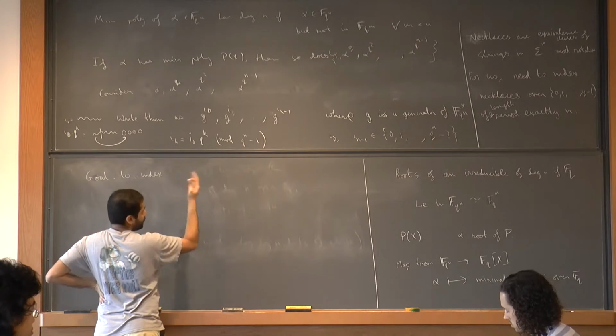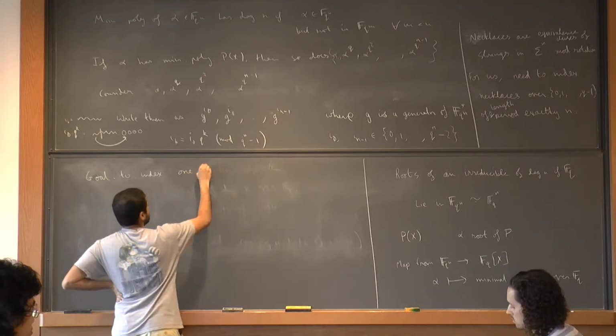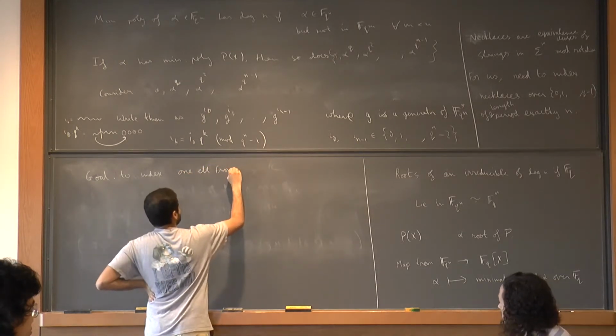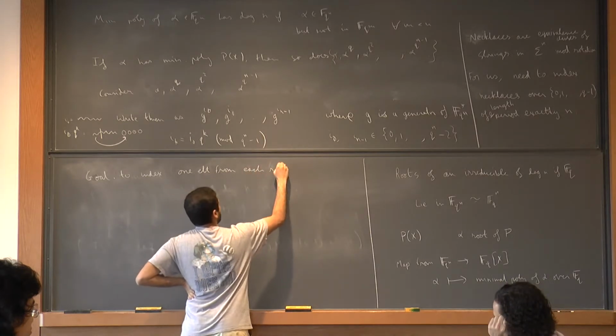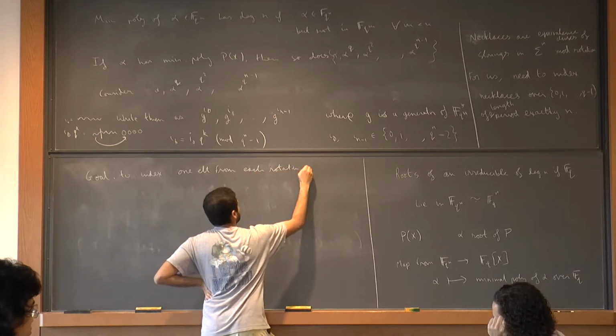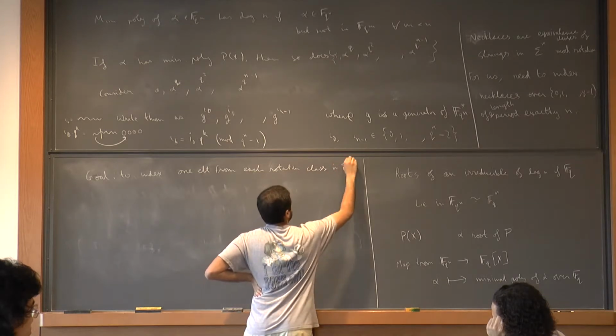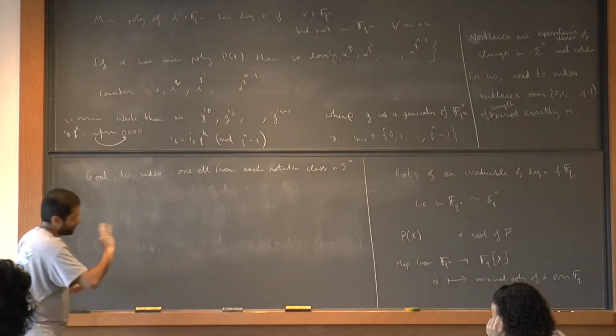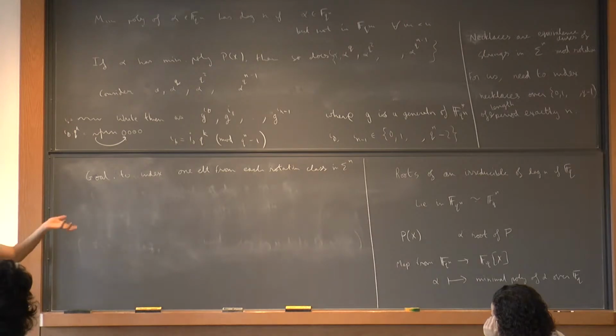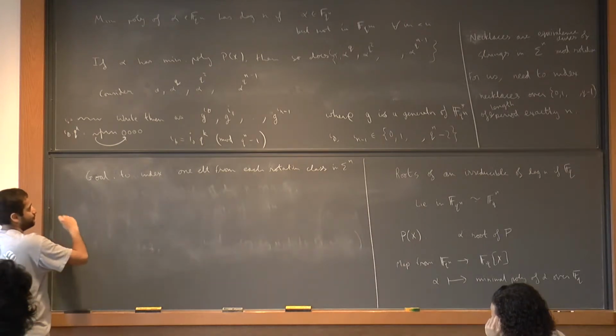More precisely, one element from each rotation class in sigma to the n. Each rotation class is a class of full period n, but that will come automatically.